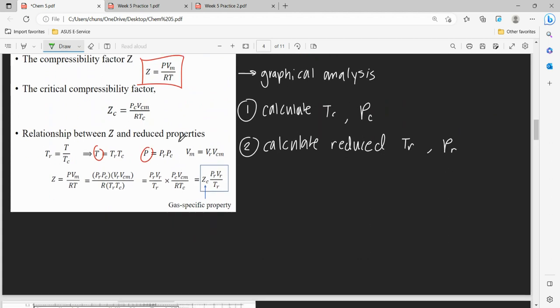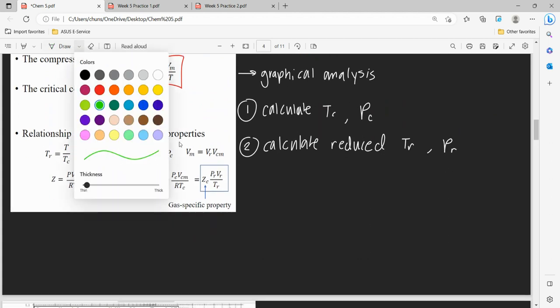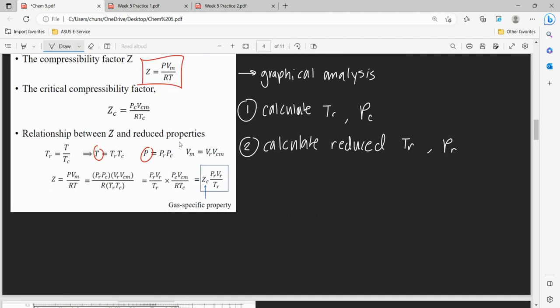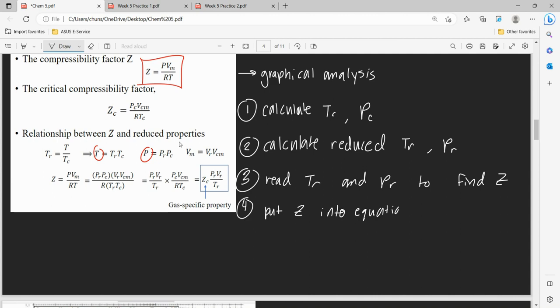So that's what we're going to be using for our coefficient, our compressibility factor. So we read TR and PR to find Z, and then put Z back into the equation.